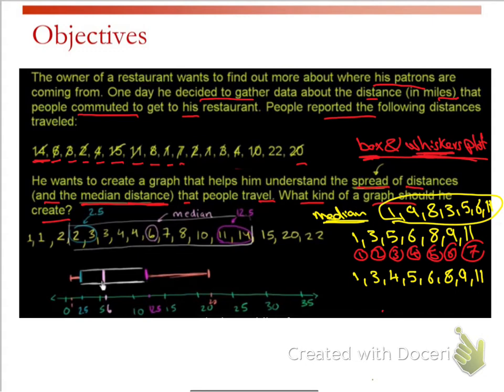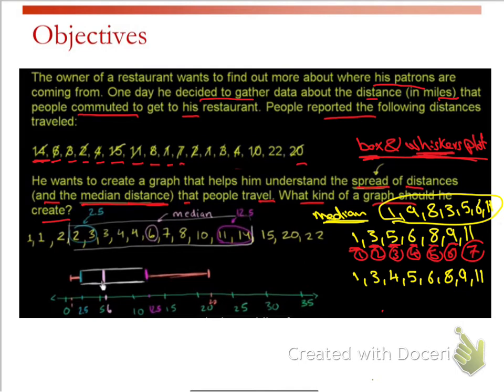Usually, I want to see which term will be the median: the first term, or second, or third, or fourth, or fifth, or sixth, or seventh. If I divide 7 by 2, I will not get a whole number.